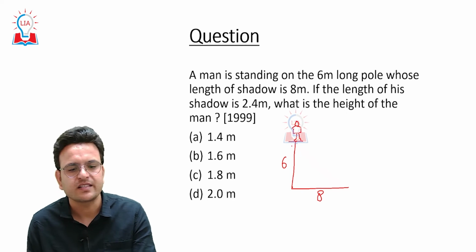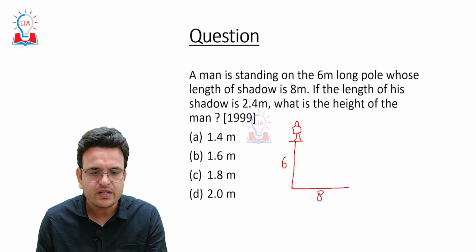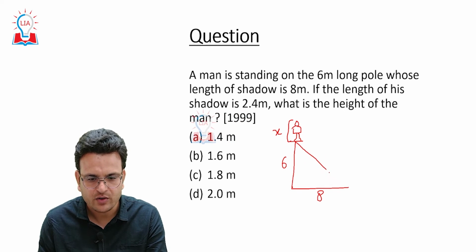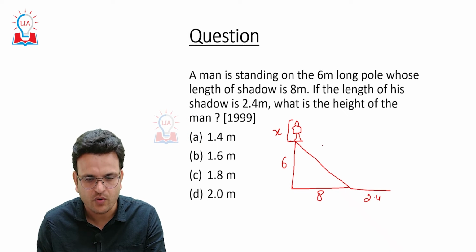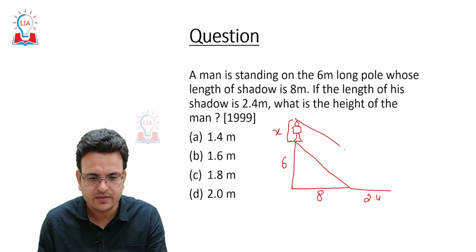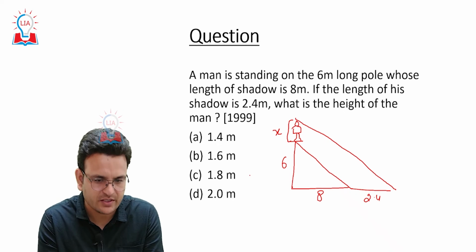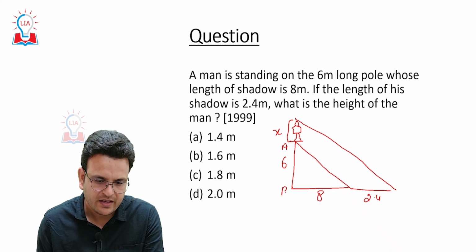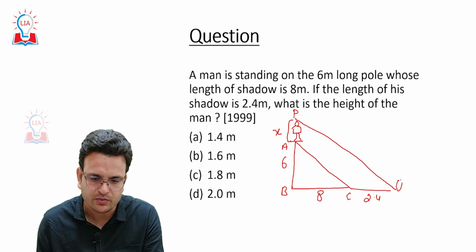If the length of his shadow, so we can assume that the height of the person is x, and the shadow of the person is 2.4. So we have this triangle. Now if you see this particular picture, we have considered triangle ABC and triangle PBQ.